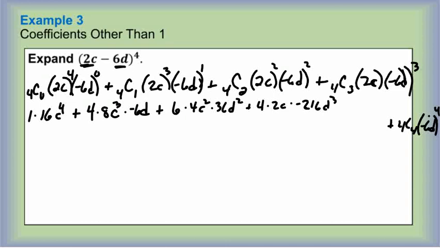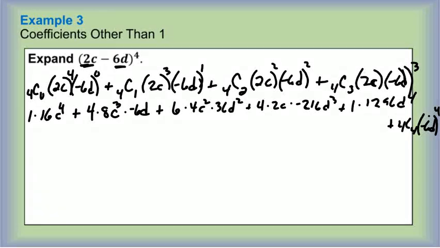And then we have 4 choose 4, which is 1. So that would be plus 1, and then negative 6 raised to the fourth power is 1,296, and then this would be d to the fourth.